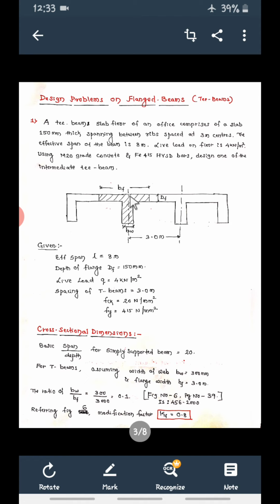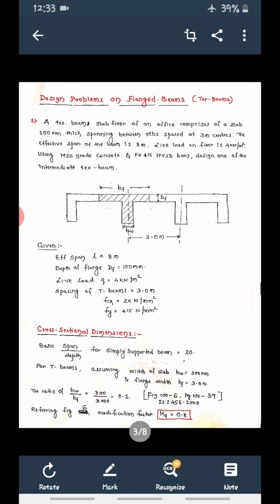Only beam, because we already considered this slab. So only we have to consider this beam. So BW into this height. Now we know the total depth of the T beam, from here to bottom, capital D. Capital D minus this slab thickness will give the height of only the beam.